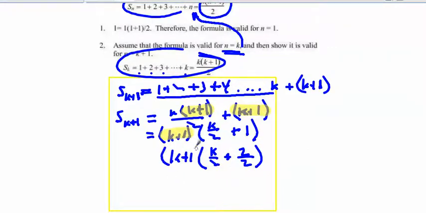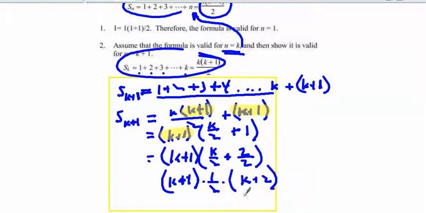So now I have k plus 1 times 1/2 times k plus 2. And that k plus 2 I can write as k plus 1 plus 1, all times k plus 1 times 1/2.